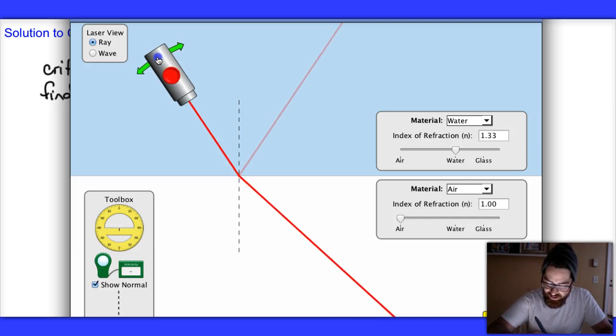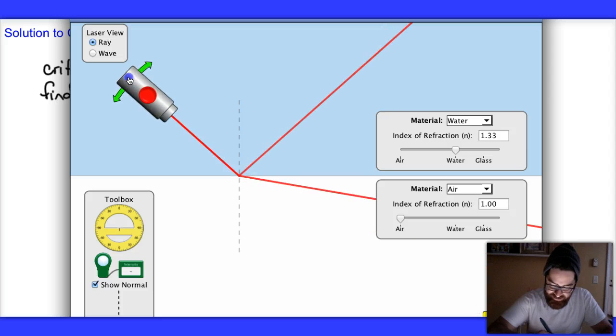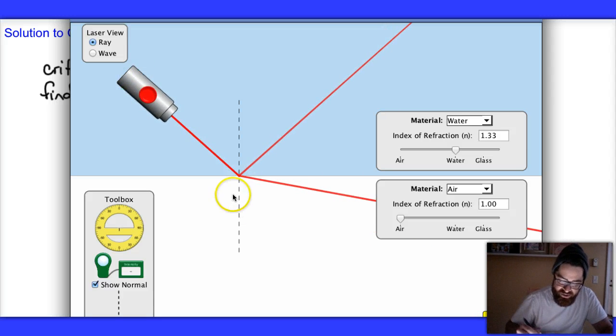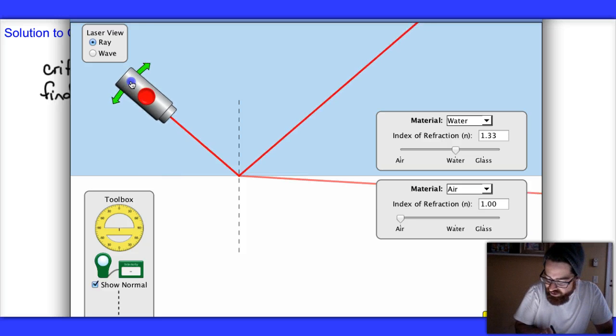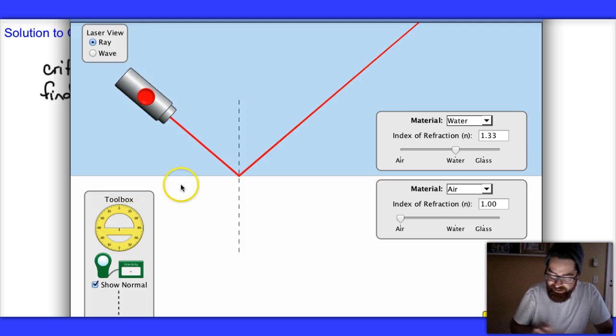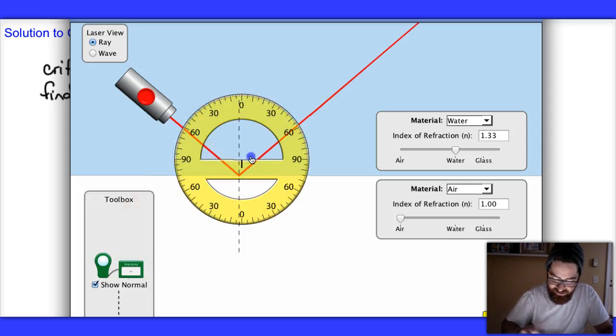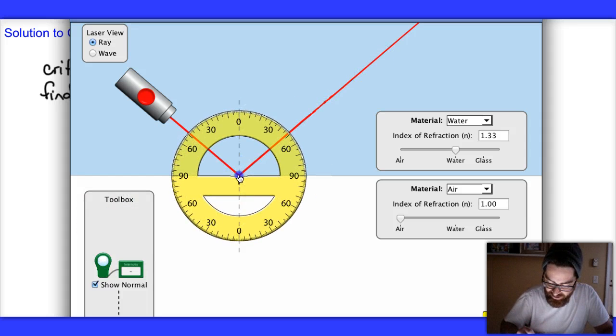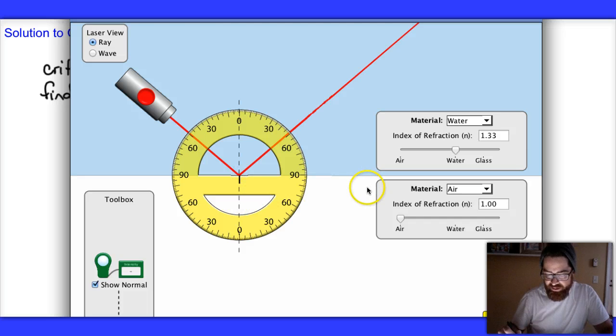However, at some point here, we see as the refracted ray gets closer and closer to 90 degrees, I get less and less transmission, and then at 90 we can say that all of the light here is refracted. Now I could basically grab this thing and attempt to measure it if I were doing this in real life, but this is just to illustrate the effect.